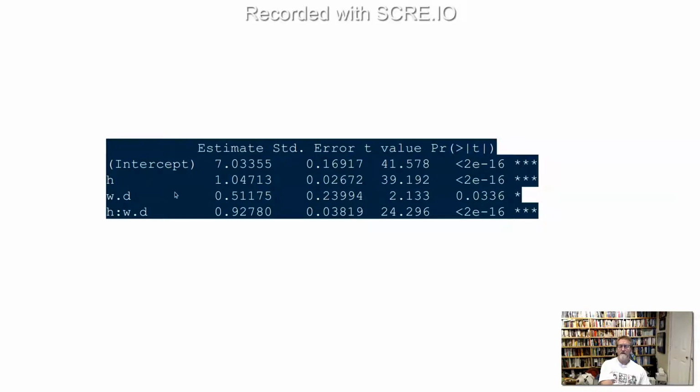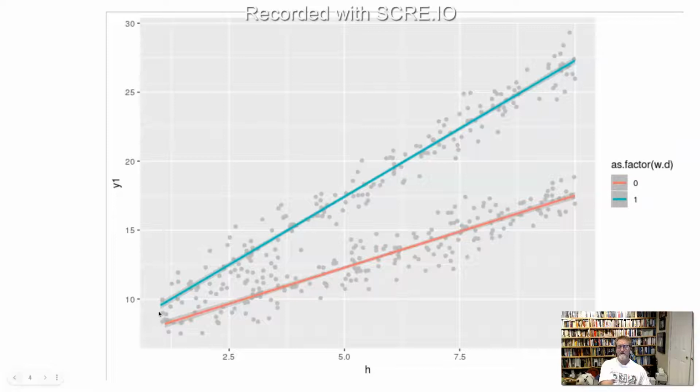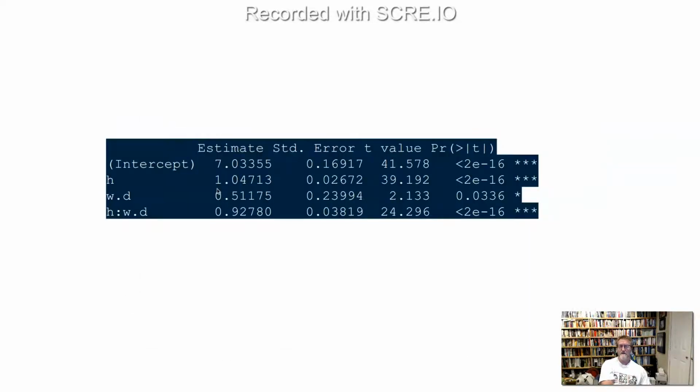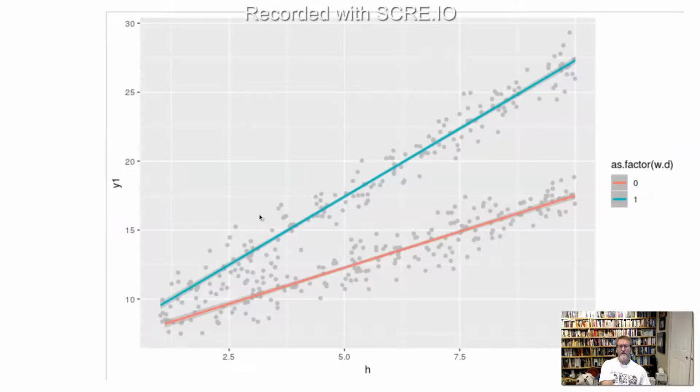Now, this w is my main effect for my moderator, and that means that in simple slopes and simple intercepts, they should have different intercepts, and these are significantly different at the 0.05 level. This has a significantly different from 0 slope, and the interaction between the two is significant at the 0.05 level, and therefore I see that there are different slopes.